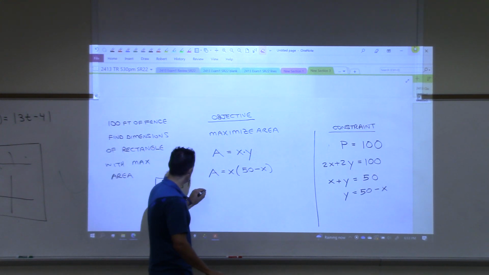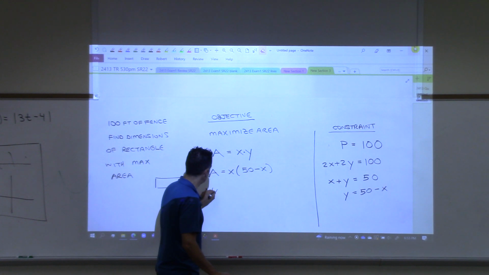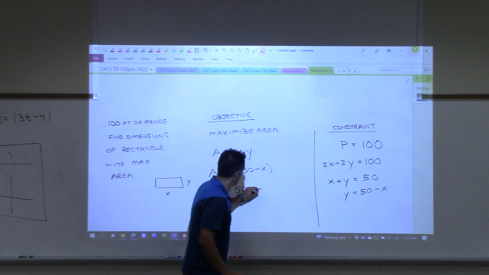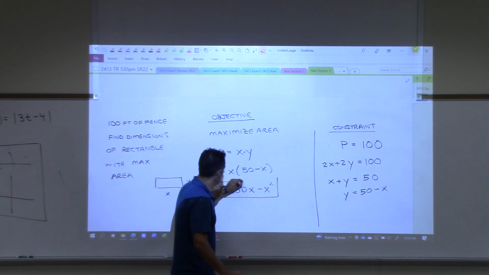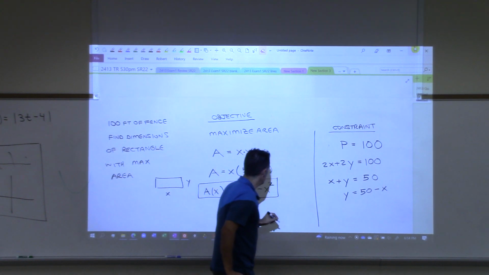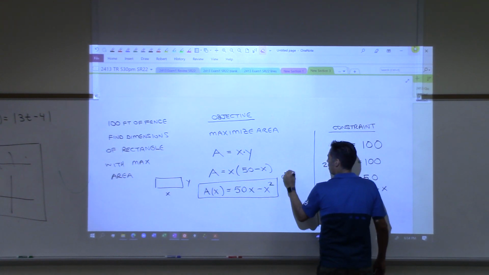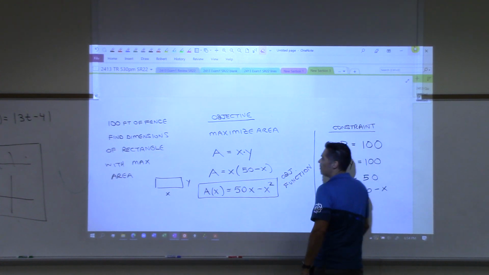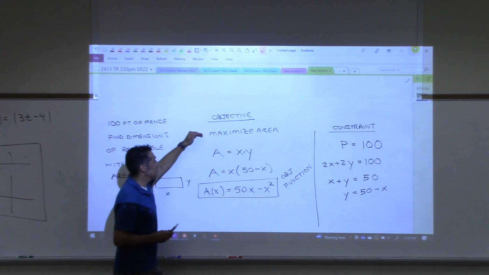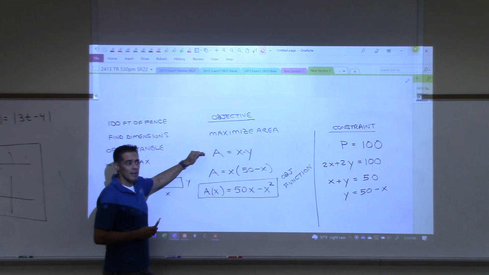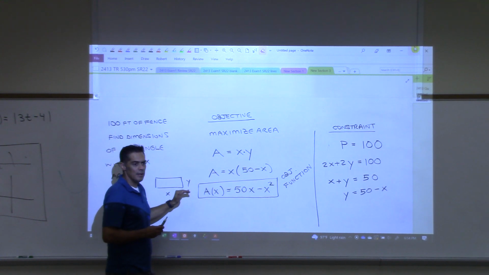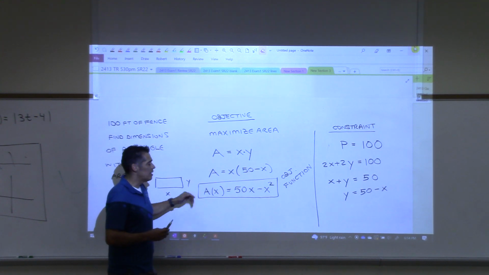In fact, we could look at this as A of x is 50x minus x squared. And this is the objective function. See, we started out with the objective of maximizing the area. We had an area equation. But now we've reduced that area equation into an area function. And that is the objective.